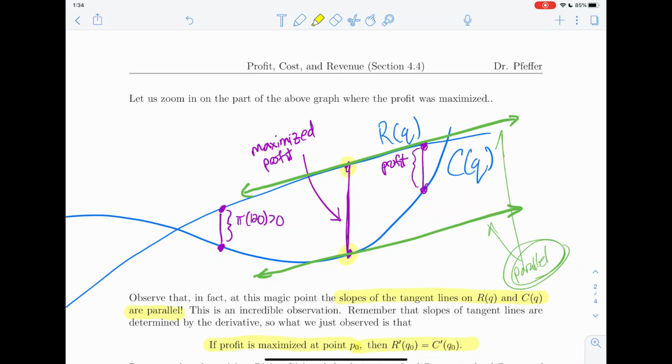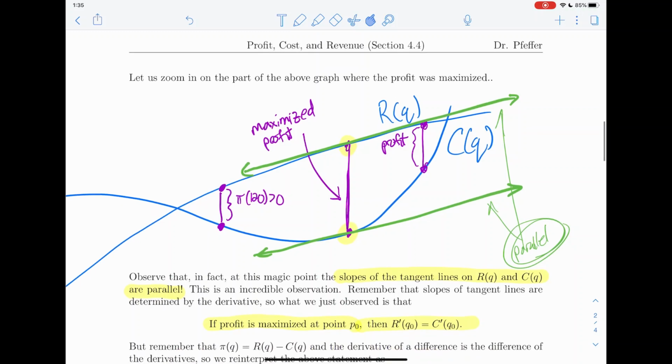And so this is how we're going to take our picture observation and turn this into a calculus observation. What we've just deduced is that, in fact, maximized profit occurs when your derivative of revenue and your derivative of cost are equal to one another.